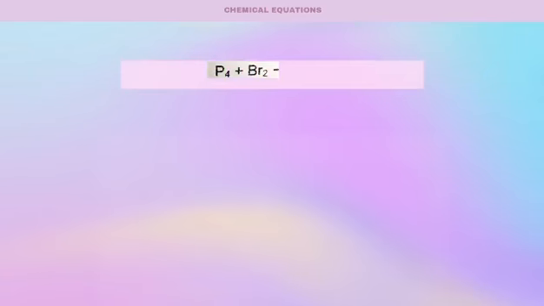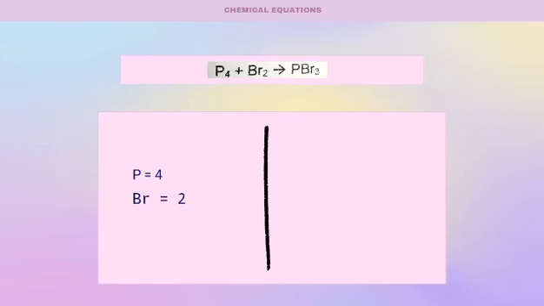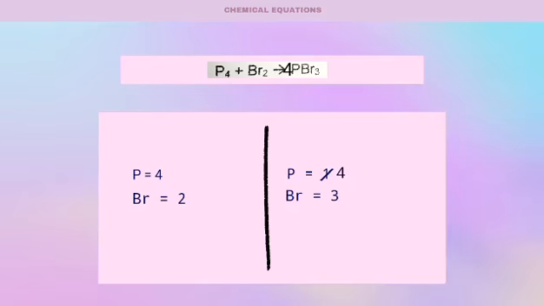For the equation P4 plus Br2 equals PBr3, there are 4 phosphorus atoms being added to 2 bromine atoms, therefore P equals 4, Br equals 2. Under the right side, there is 1 phosphorus atom and 3 bromine atoms, so P equals 1, Br equals 3. To balance the equation, I would add coefficient 4 before PBr3 so that there are 4 phosphorus atoms on each side of the equation, like P4 plus Br2 equals 4 PBr3.